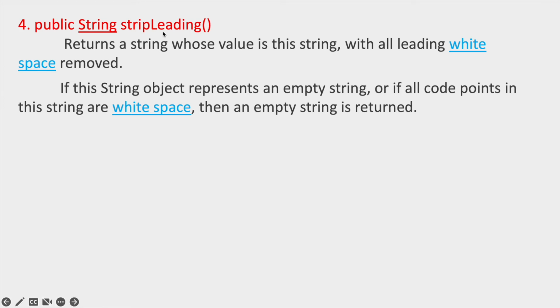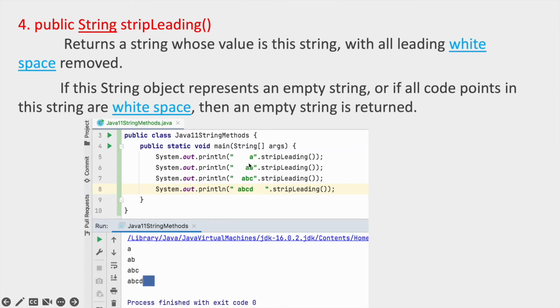That means when you apply this stripLeading method on an empty string object, or if the string has only white spaces, it will return an empty string only. In this example, we have added some strings with a lot of spaces in front of the strings, and we have applied this stripLeading method.